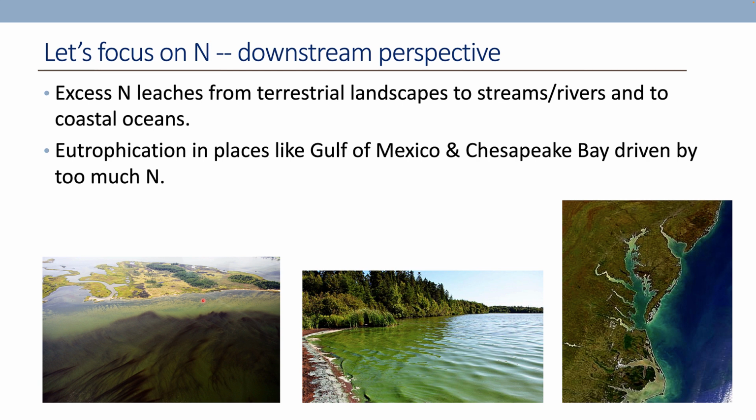So we have excess leaching, and it causes lots of things that are shown in these pictures, eutrophication in places like the Gulf and the Chesapeake Bay. These coastal zones are driven by too much nitrogen. In these cases, nitrogen is the limiting nutrient for growth.